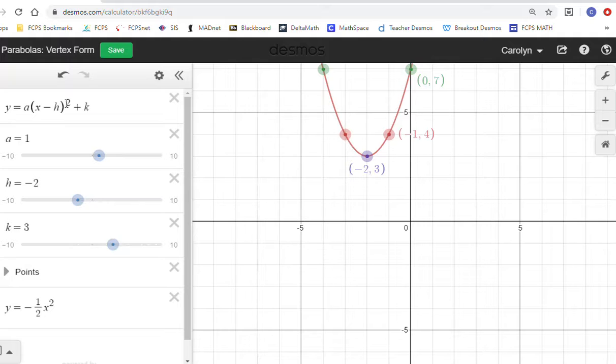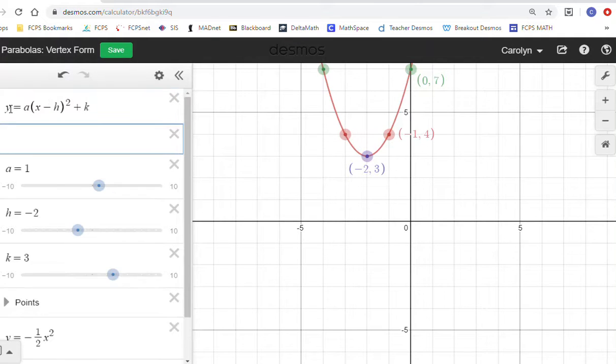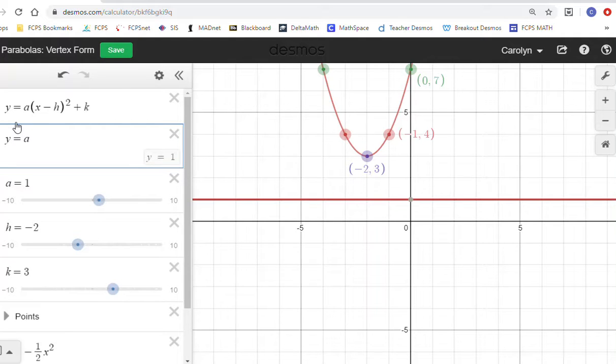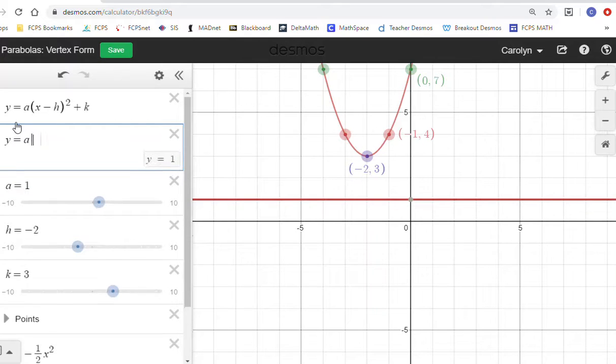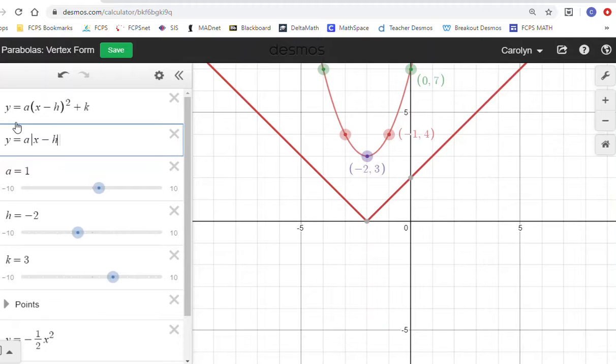You want to see something really fancy? Okay. Hold on. Can I graph it? Okay, let me do this. I'm going to add something. Okay, what if I do this? Y equals a, absolute value x minus h, absolute value plus k.